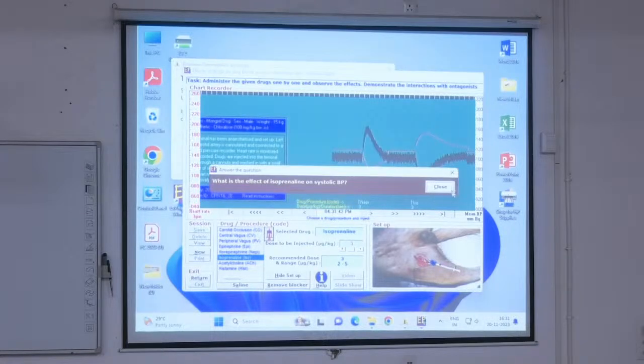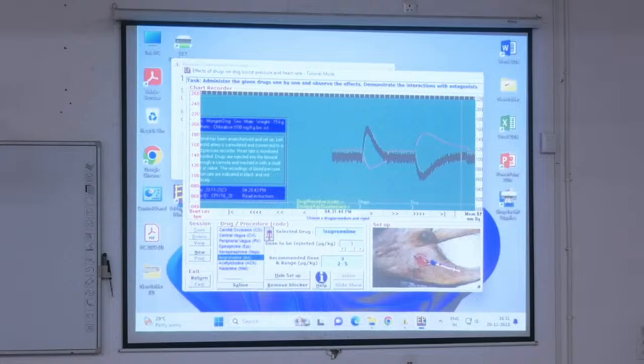Now we can see the fall in blood pressure with isoprenaline. It is a strong non-selective beta agonist, that means it has both beta 1 and beta 2 effect. Now tell me, what will be the effect of isoprenaline on heart rate?